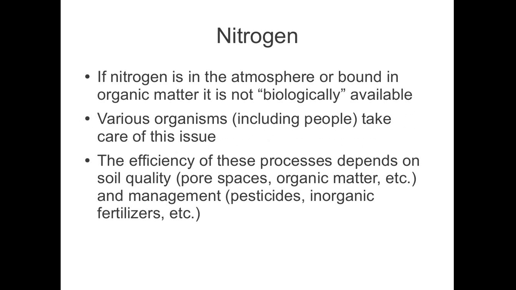So in order to understand what bioavailable nutrients are, let's first talk about what makes nutrients non-available. For instance, you folks know from talking about the nitrogen cycle that nitrogen in the atmosphere is not available to plants without the help of nitrogen-fixing bacteria, and so it's not biologically available.